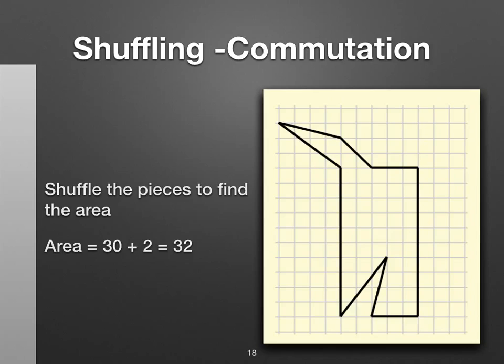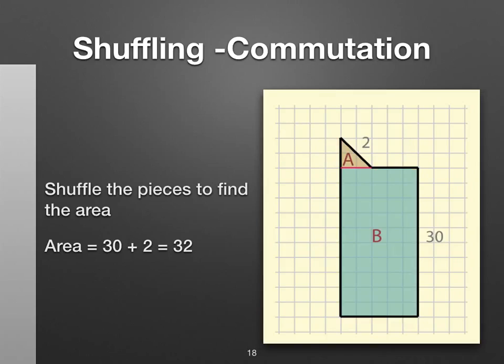When the students recognize that a protrusion has the same shape as a concavity, they can easily solve the problem. After rearranging the part, the calculation is simple. It is important that the students who already applied shuffling in perimeter problems can independently apply the approach here. In math, shuffling is called a commutative property.